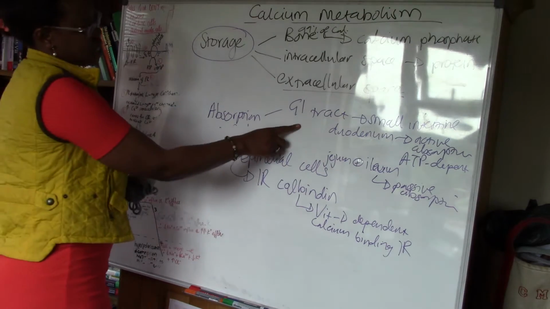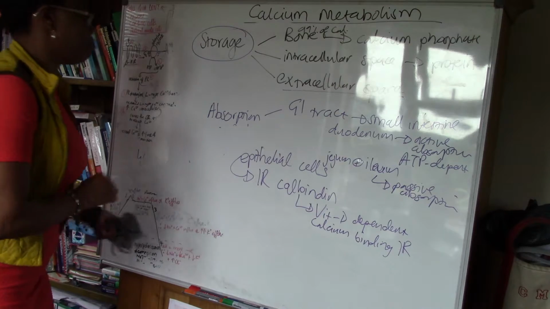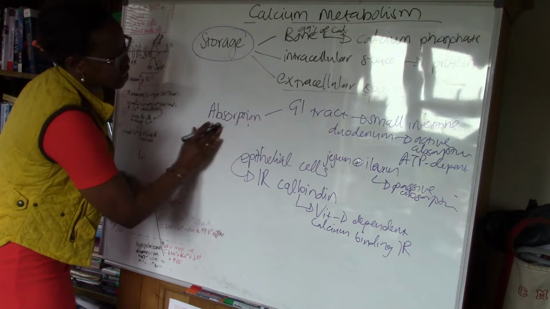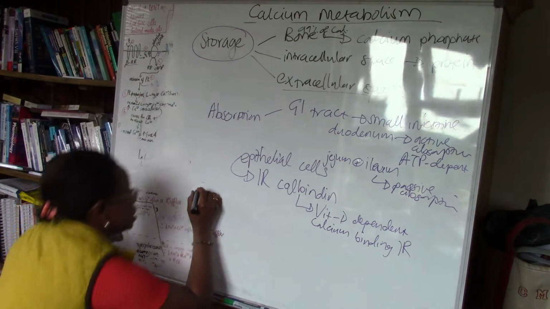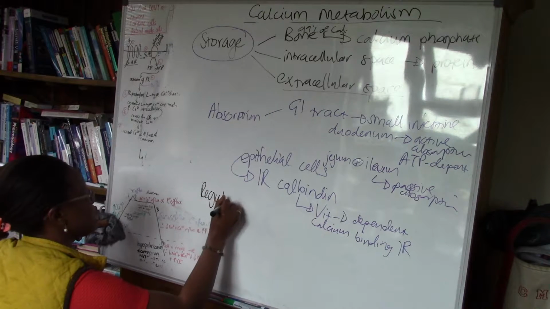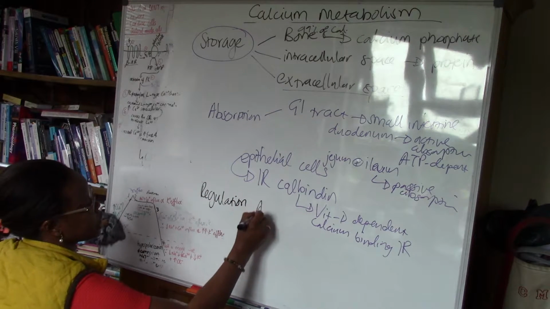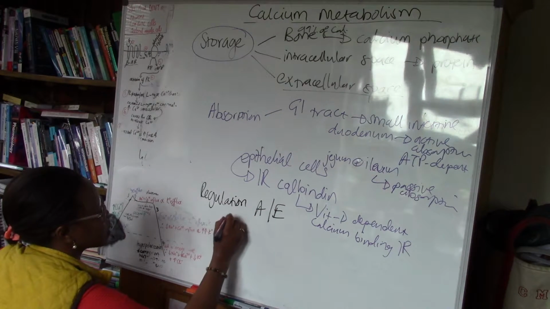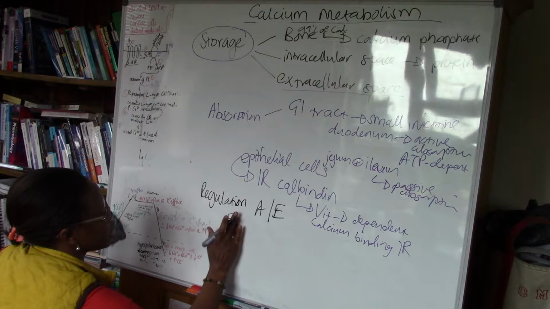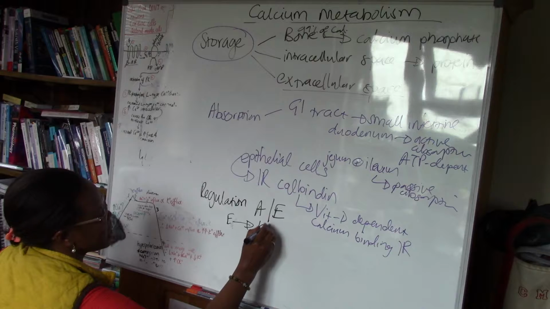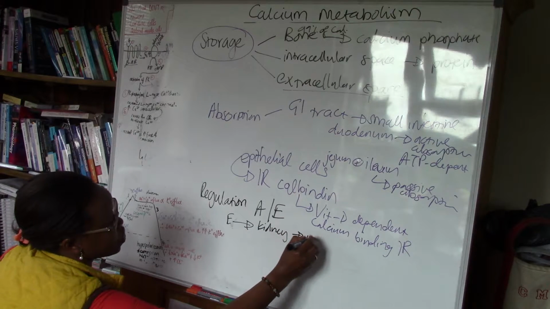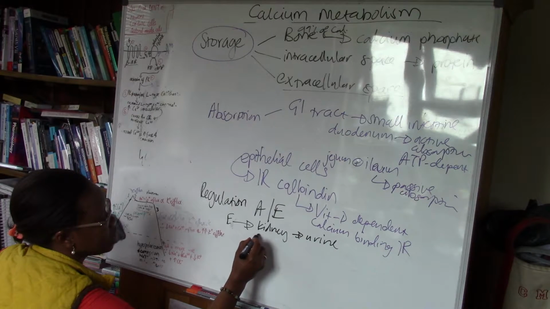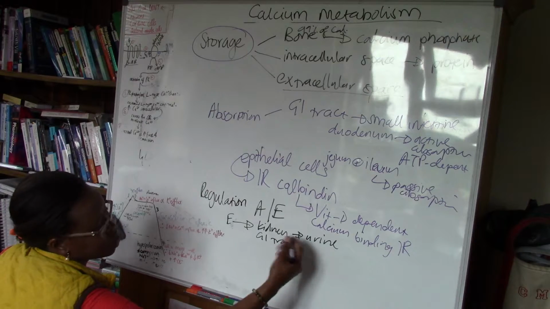So it's absorbed in the GI tract. When I talk about its regulation, I mean its absorption and excretion. Excretion can be in the kidney via urine formation, and excretion can also be in the GI tract via stools.